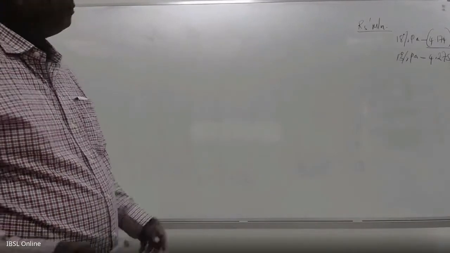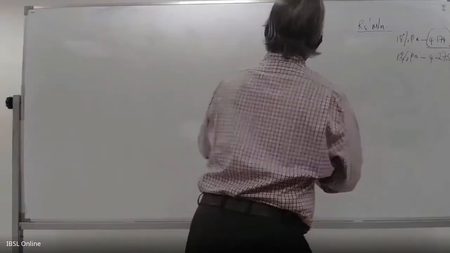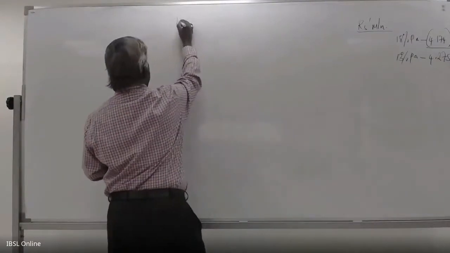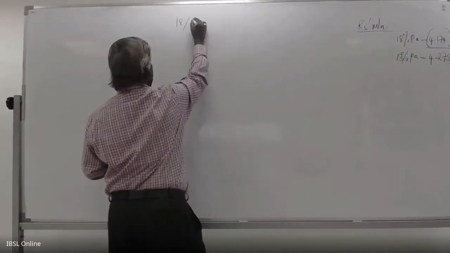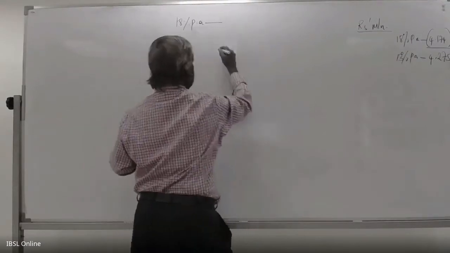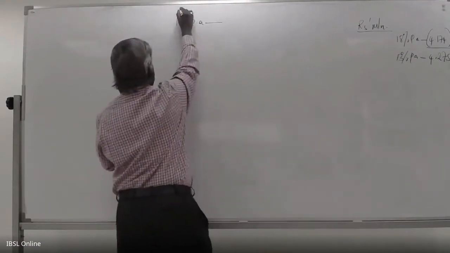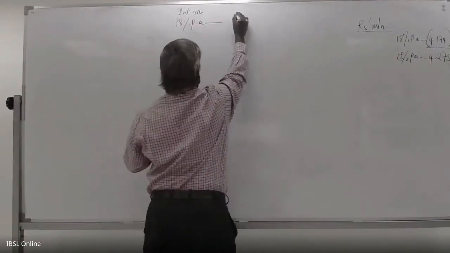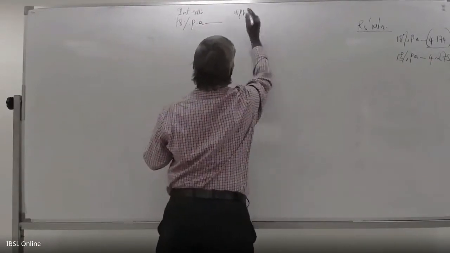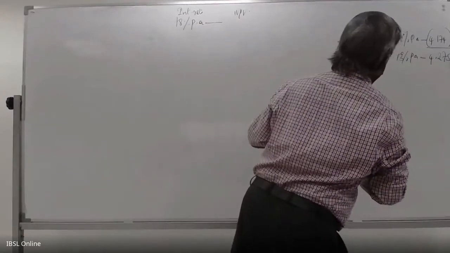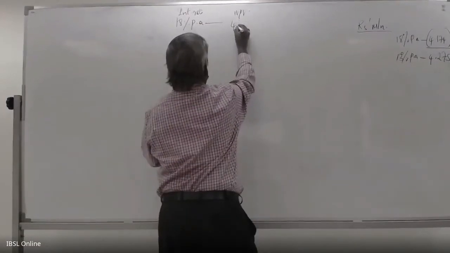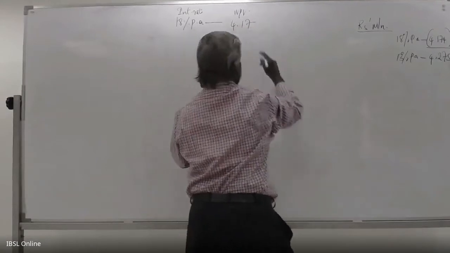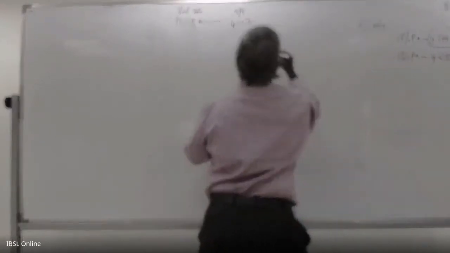Right. So now, you understand, 18% per annum, this is interest rate, this is NPV. 4.174 negative.